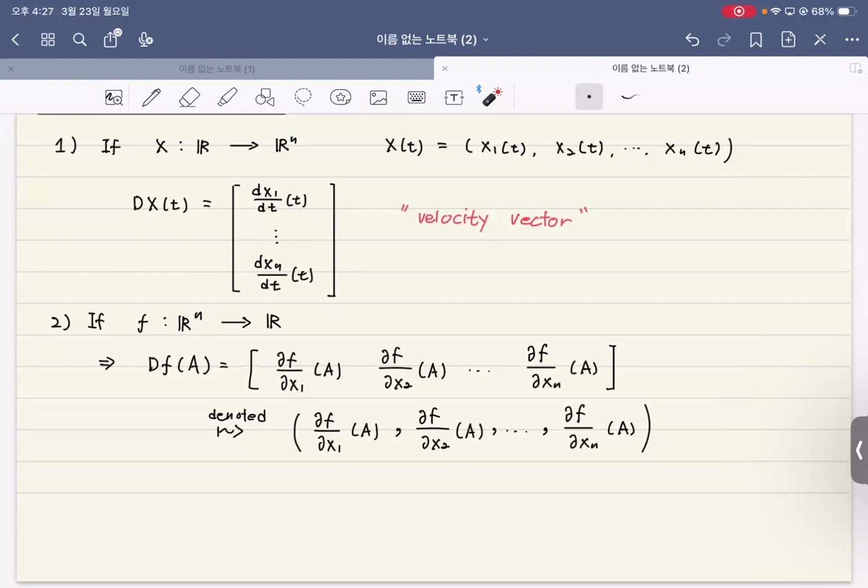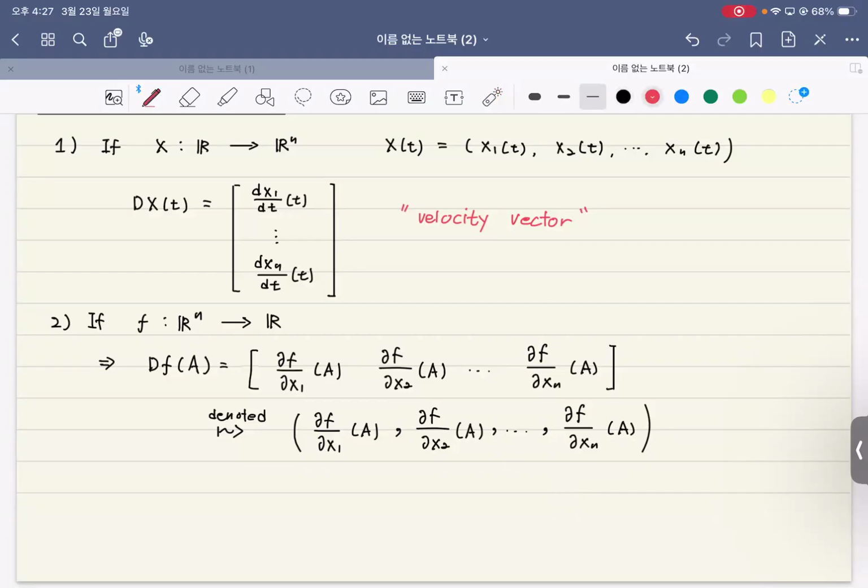But since the choice of this point A is arbitrary, for any given point in your domain, you can assign a vector. So in this sense, we can consider this as a vector field. And this vector field is so special that we gave it a name.